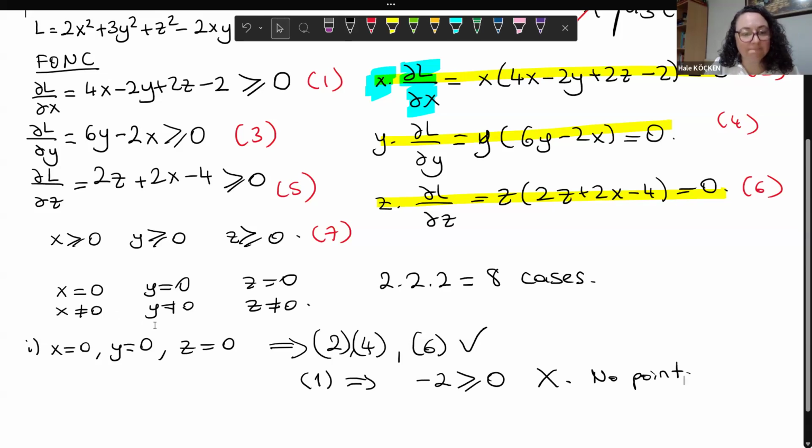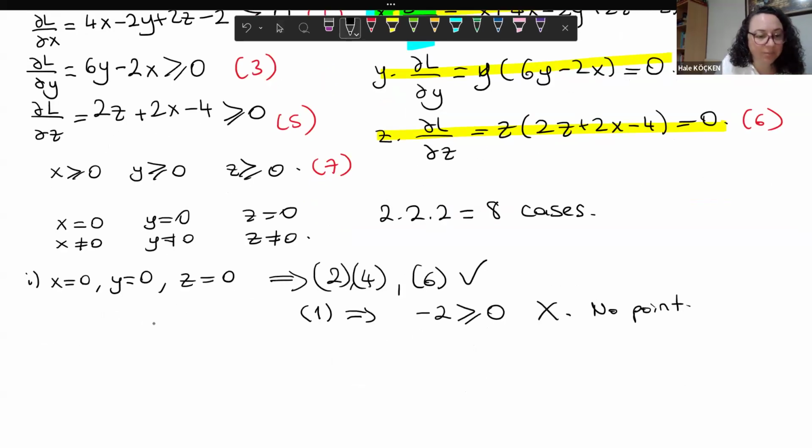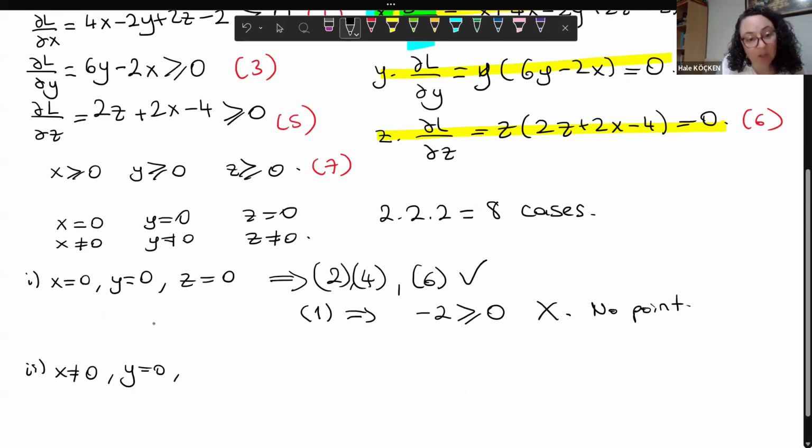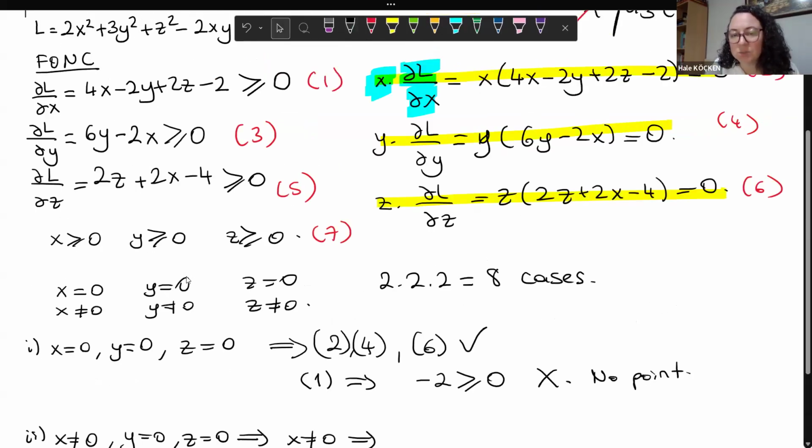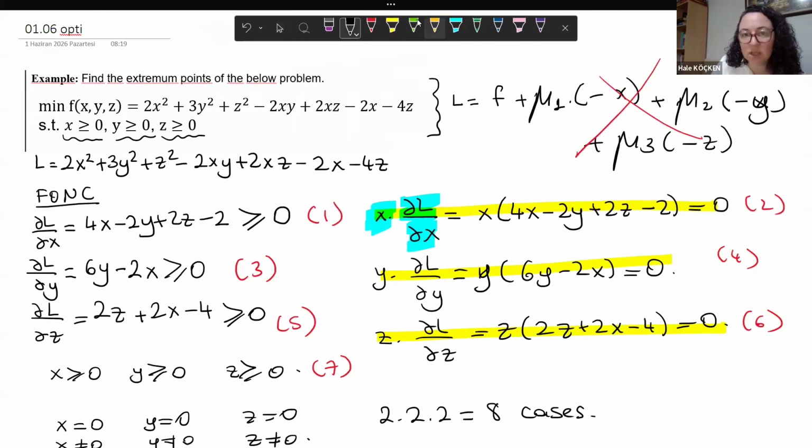And after that, second, we will begin with x different from 0, but the rest of them 0. If x is different from 0, first of all, you need to consider the corresponding complementary constraint.